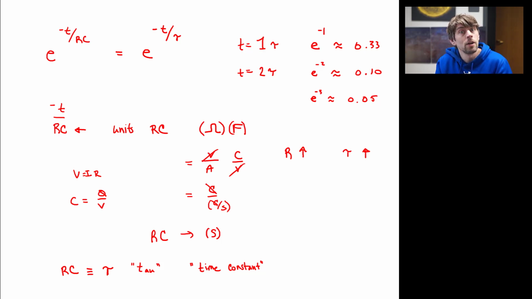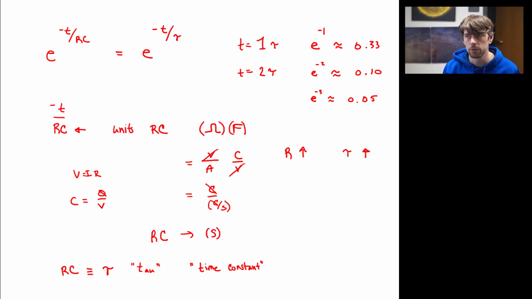And so therefore, it's going to take longer for the capacitor to fully charge. And you could say similarly, if the resistance is very low, not much energy is being removed from the circuit by the resistor. Therefore, there's more energy for the capacitor to store, and therefore the capacitor should charge faster.